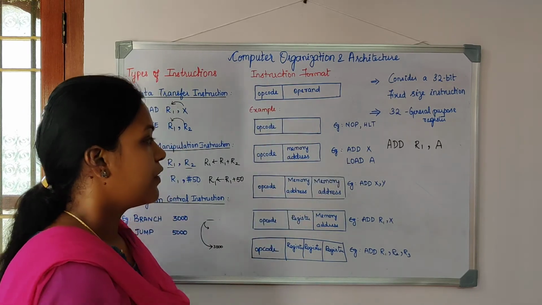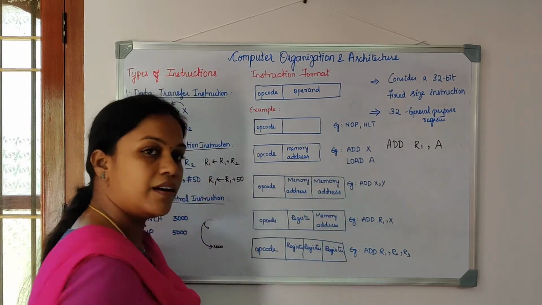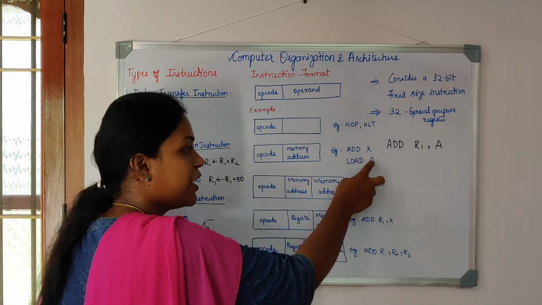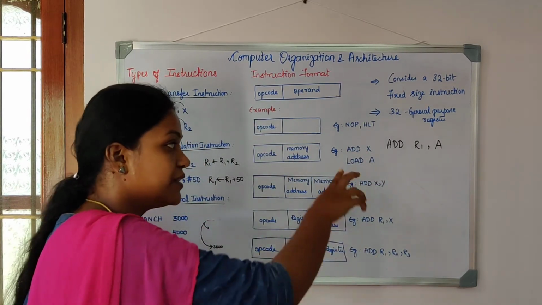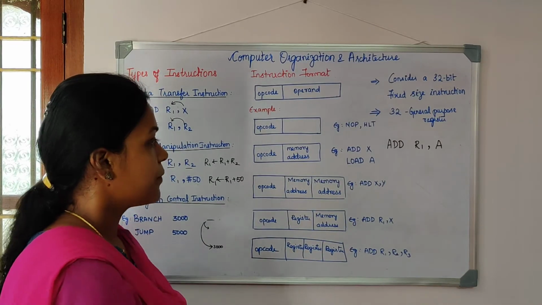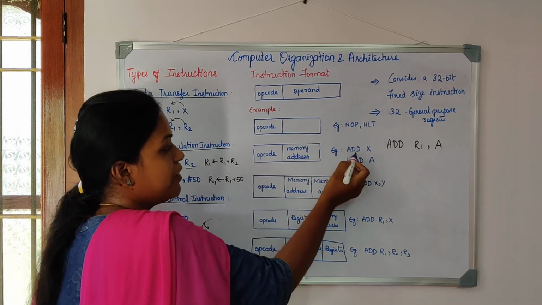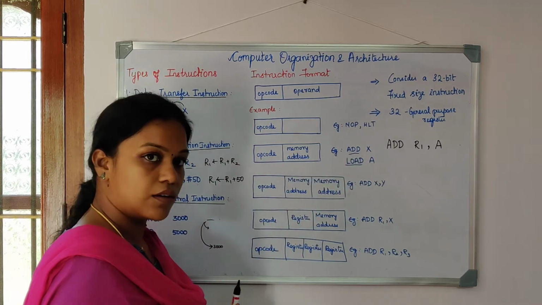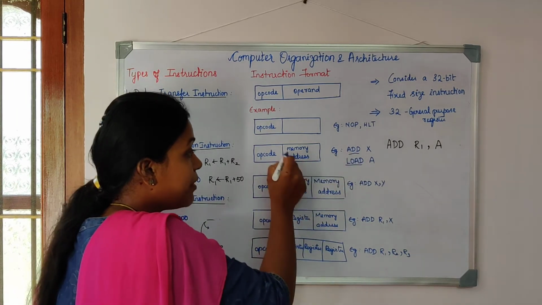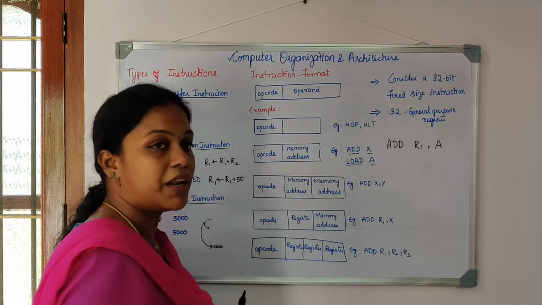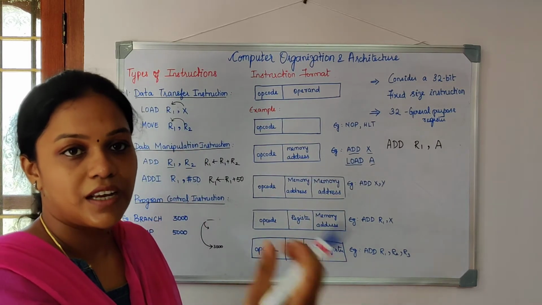Then there is only one operand, and the operand is a memory location. It is a location in memory, main memory. In that case, what will be the format? You need to specify the opcode of what instruction is to be done, and the memory address, which is the location in main memory from where the data has to be picked.